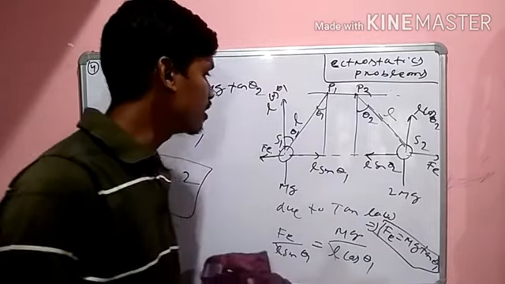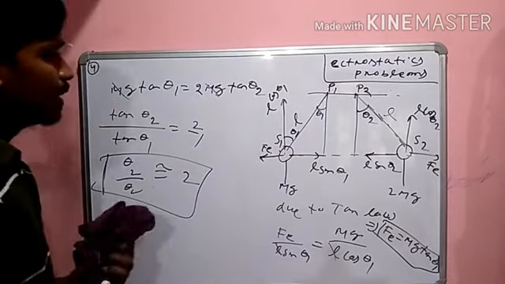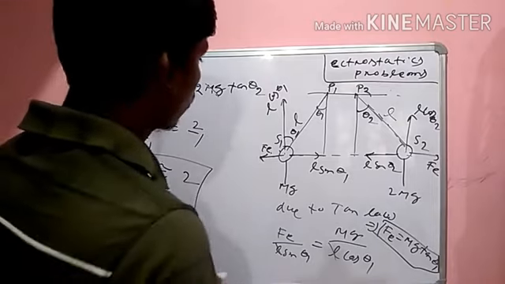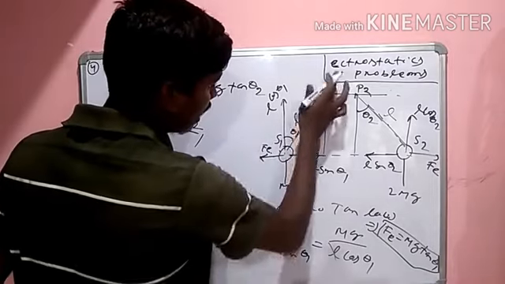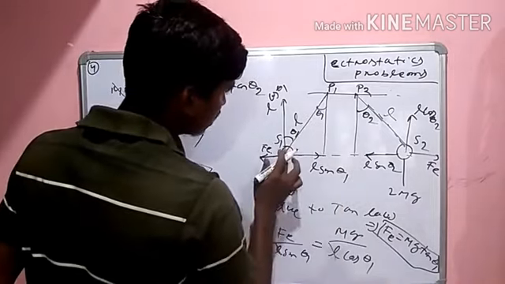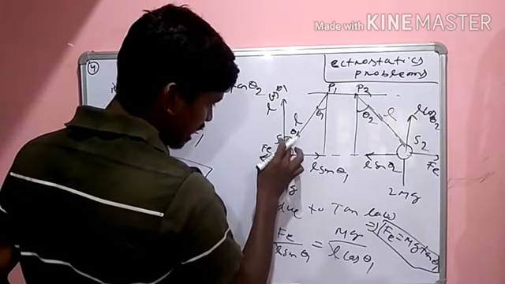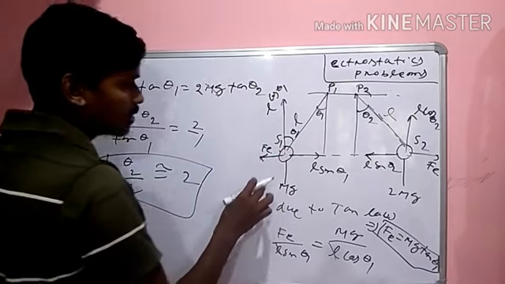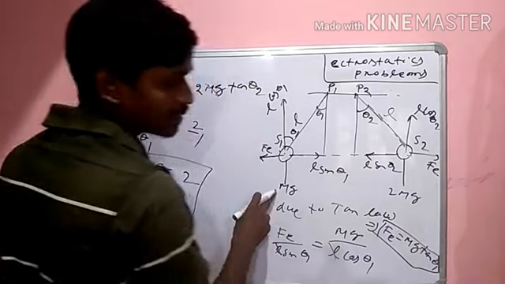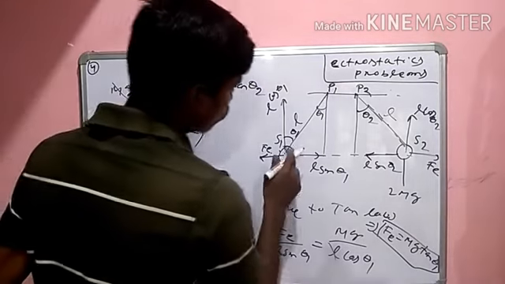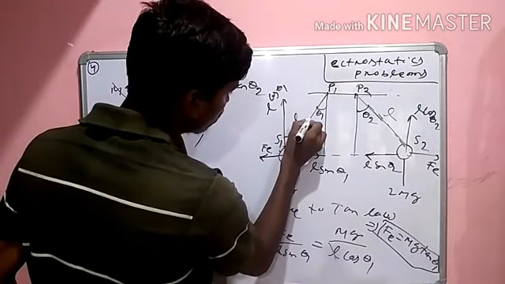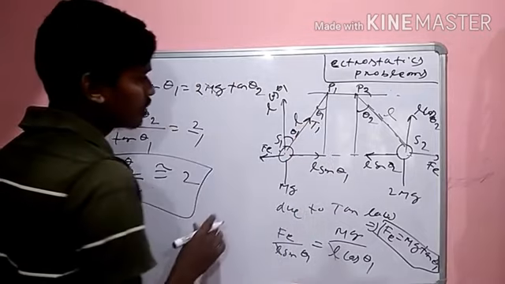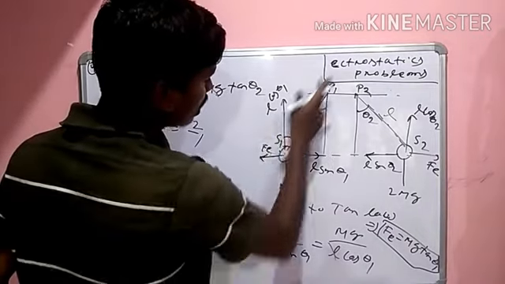This method is by help of tension. Suppose this is the L length, this is the L. Yes or no? So the body is the S1 sphere, having mass m, so the weight is mg. So tension is your support, tension is here, tension is T1. Suppose this is the tension T1.